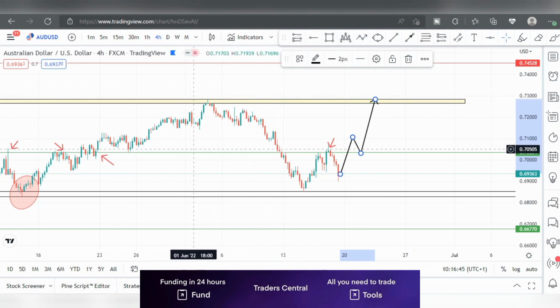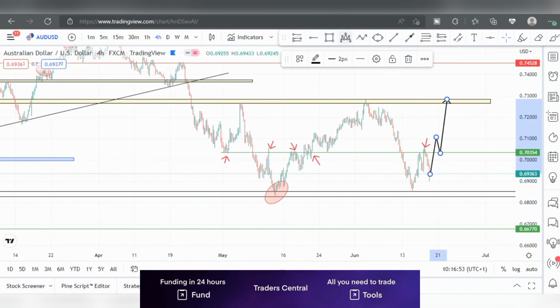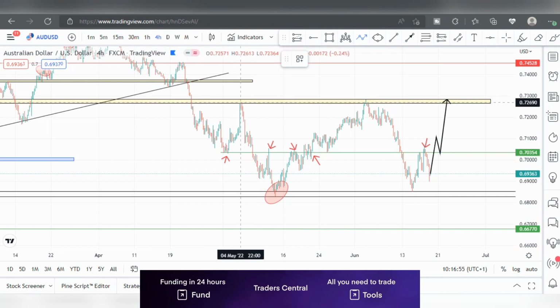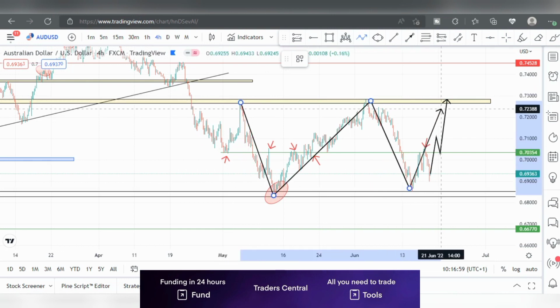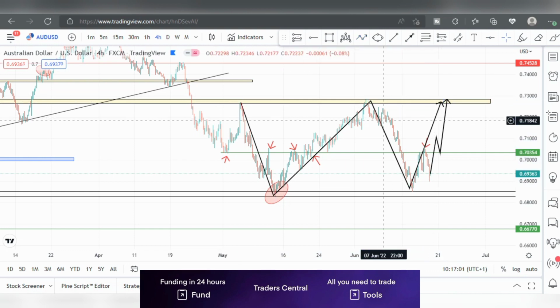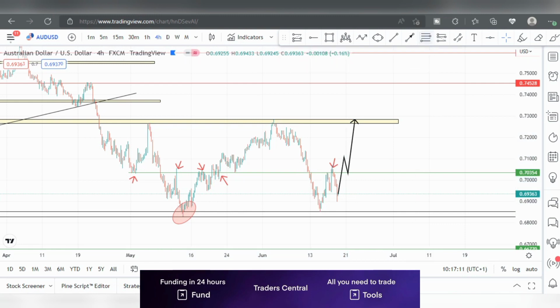This, on the other hand, will just be the completion of the double bottom pattern we saw earlier. So this will just be more or less a completion of that. But I wouldn't take price all the way from here. I would wait for price to break this resistance area and then enter my trade, and I would still profit from that as well.